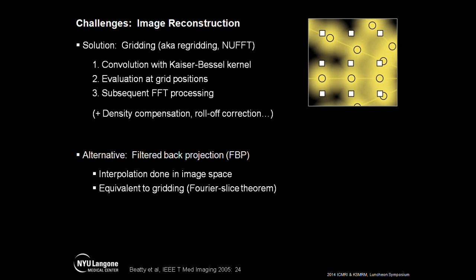And afterwards, we can take these smeared sample points and evaluate them at our desired grid positions. And after that, we can then continue to process the data using normal FFT processing. Now, this gridding procedure actually comprises some additional steps like a density compensation and also a roll-off correction, but this is the basic idea of how we can reconstruct images from radially sampled data.